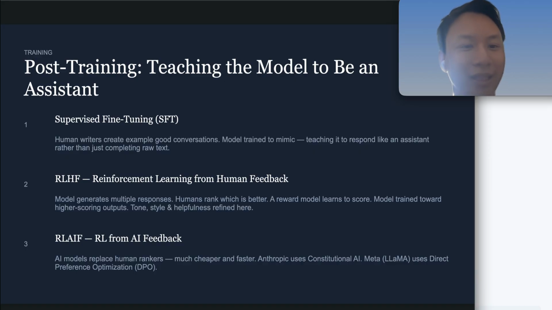And so later on, we have two other ways. The first is reinforcement learning from human feedback, which is the example where the AI may generate more than one response and ask a human which one it deems better.